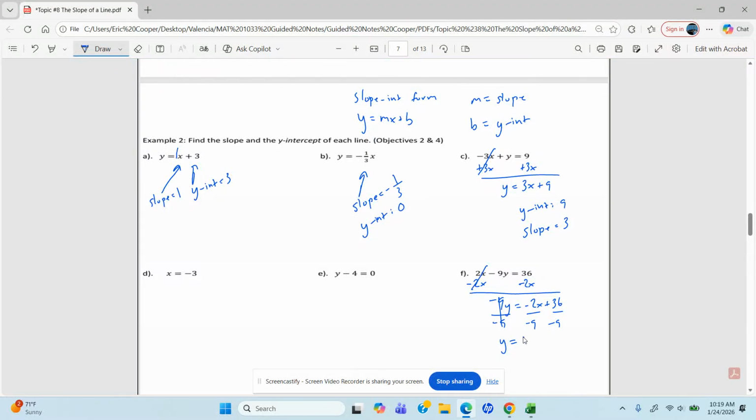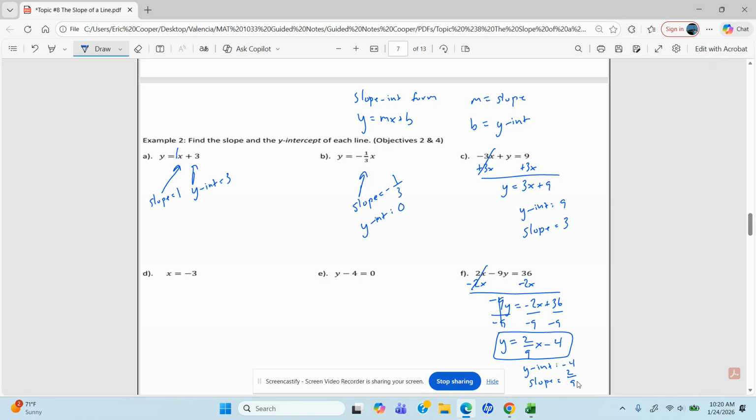Negative divided by negative makes this a positive, so this is 2 over 9x. 36 divided by negative 9 is negative 4. This is now in slope-intercept form, so now I can identify the y-intercept in this case is negative 4, and the slope in this case is 2 over 9.